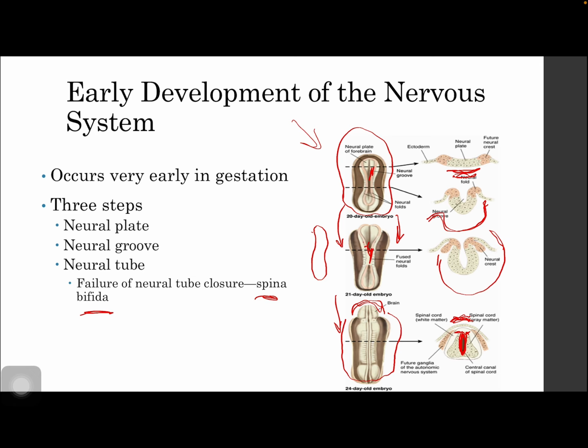There are tests done with a pregnant mother to determine the risk of spina bifida, and if that is something they have to keep in mind if they want to continue the pregnancy. But here, as you can see, the outer matter is made up of white matter, and the spinal cord part is made of the gray matter.